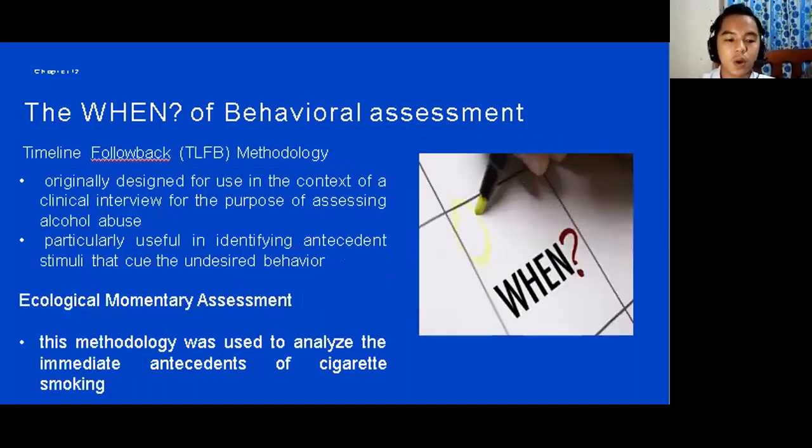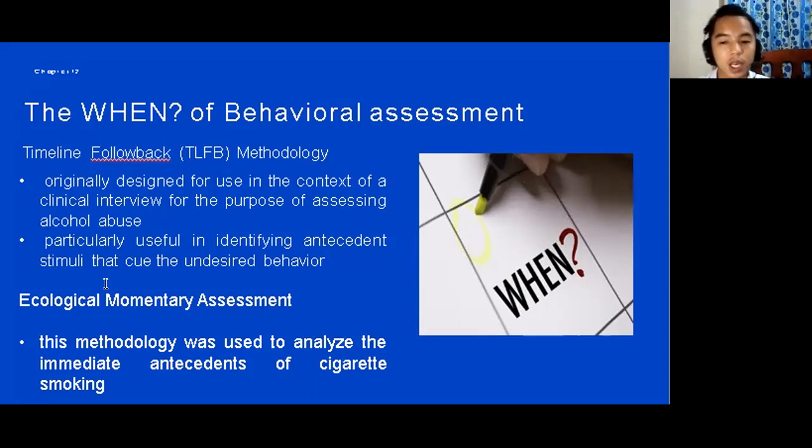So one method in measuring the frequency and intensity is through timeline follow-back methodology, or TLFB methodology, which was originally designed for use in the context of a clinical interview for the purpose of assessing alcohol abuse.